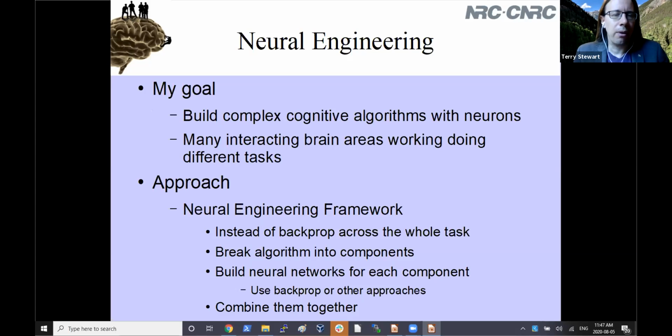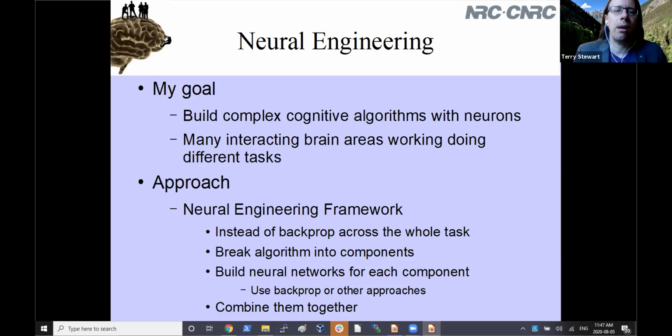And the general approach that I take is this thing called the neural engineering framework. The Nengo tutorials that are posted give much more detail on that. For now, I think the only thing to really focus on is I'm trying to do neural network models that do giant tasks, but I'm not doing something like make a big network and then do backprop across the whole thing.